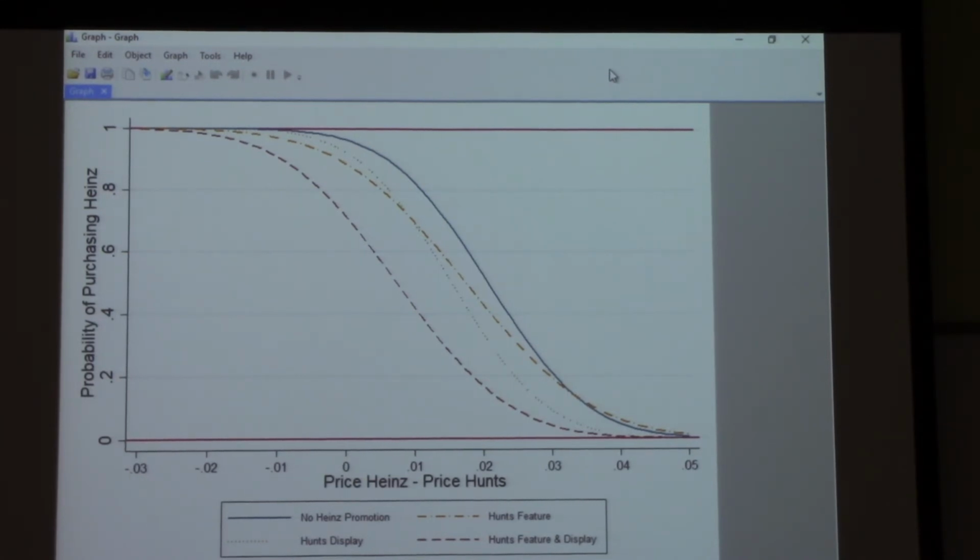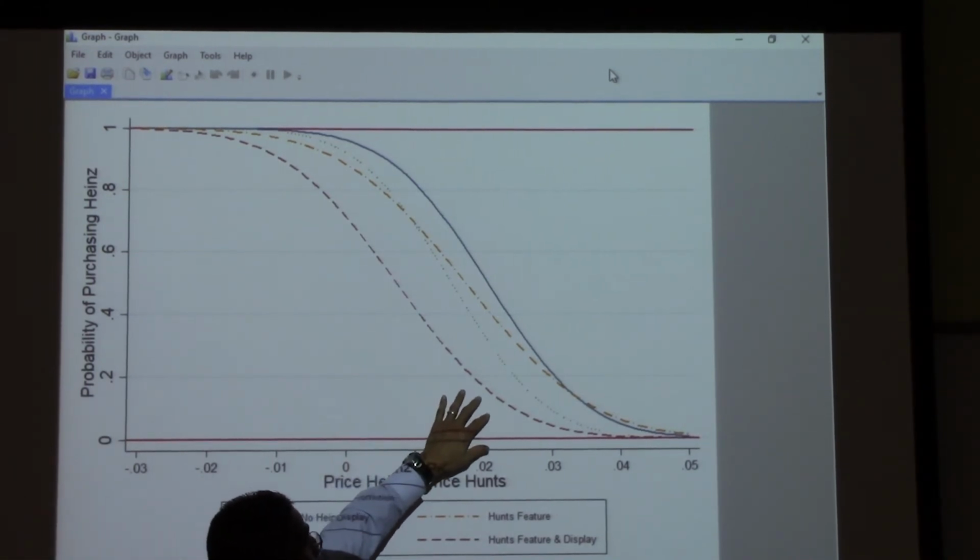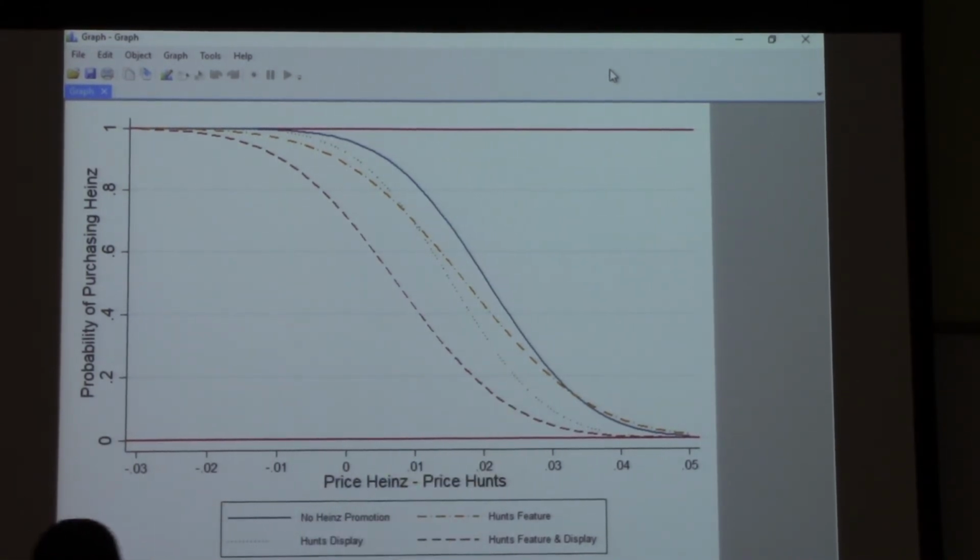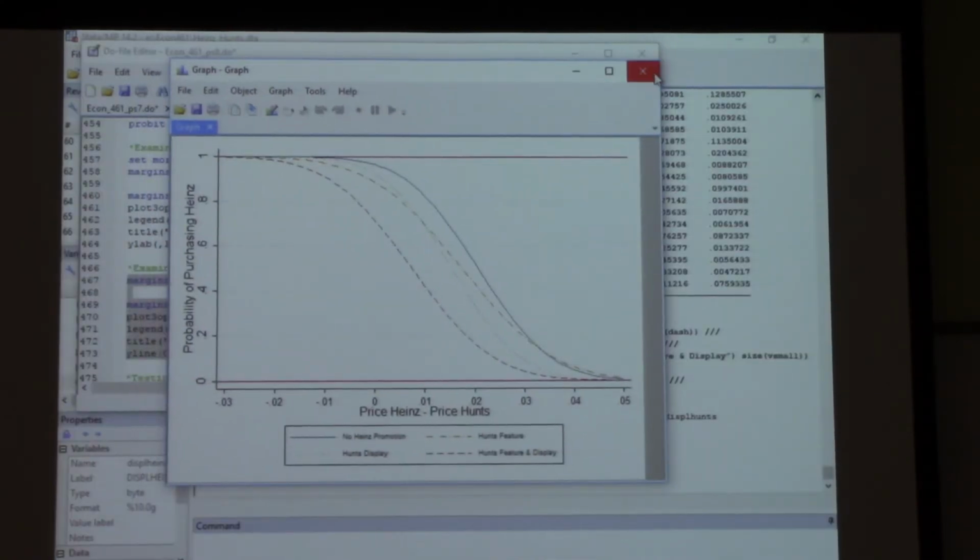I know, we can test those for statistical significance, whether or not they're different from each other. Feature and display by Hunt's is having the biggest negative effect on the probability of purchasing Heinz, but these two effects are relatively small when we look at the price difference. So, again, just another angle to look at this.